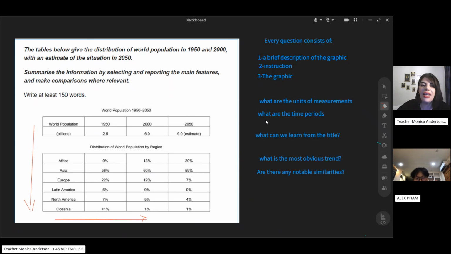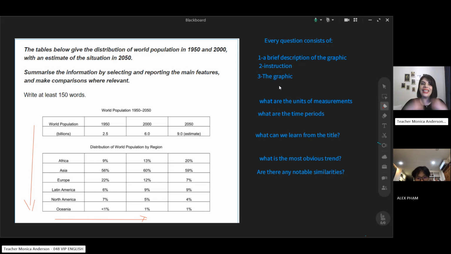And we have some regions: the world is divided into regions like Africa, Asia, and the other regions. The data is given for 1950, 2000 and 2050, so the information is given for 3 specific years.